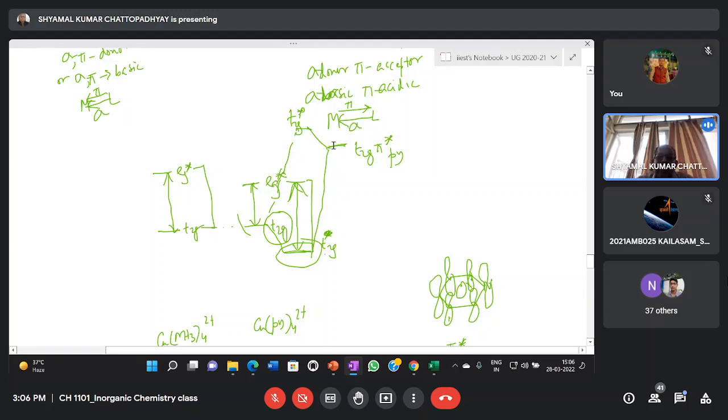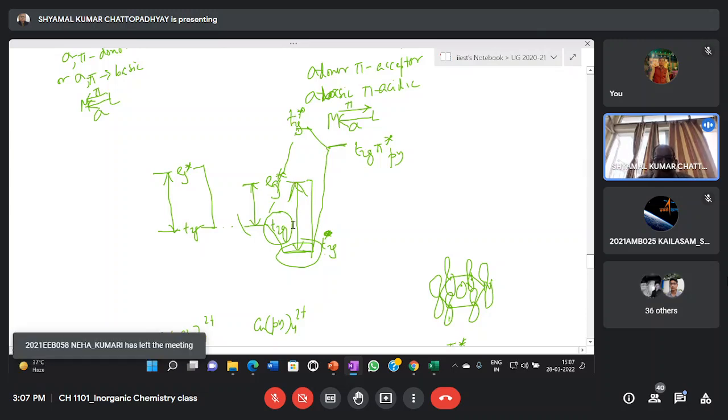So for pyridine, the vacant pi star orbital of the pyridine can undergo back bonding from the filled t2g orbital of the metal ion. So there is an interaction, and so the t2g orbital energy of the metal decreases, and the energy of the ligand orbital increases.